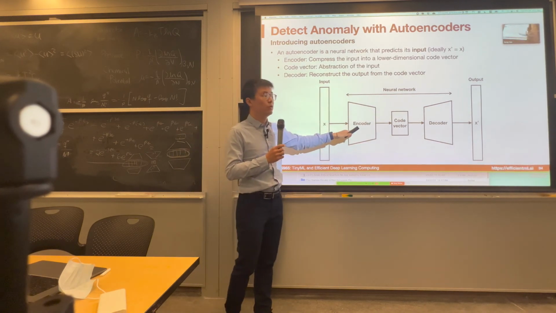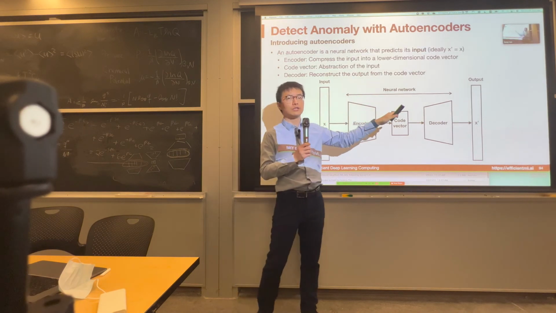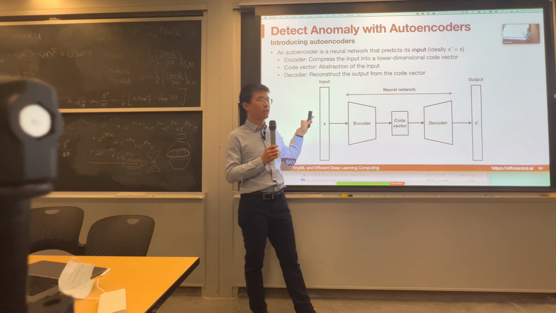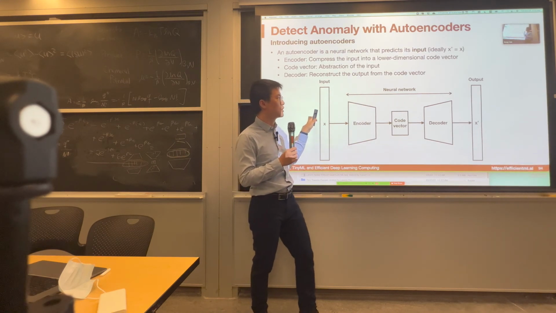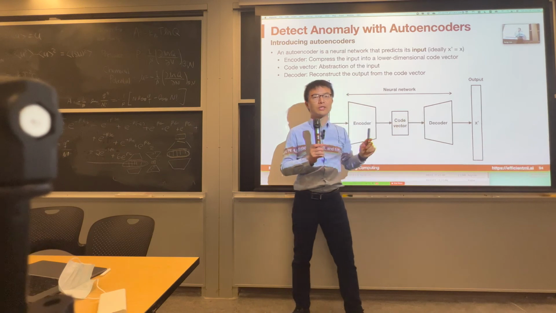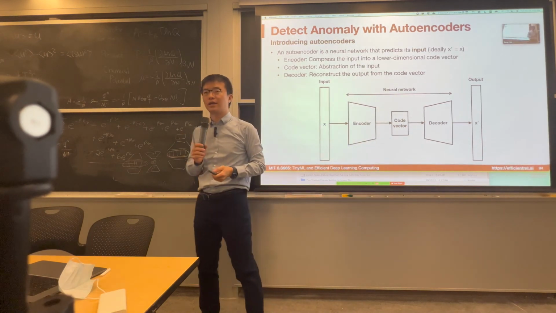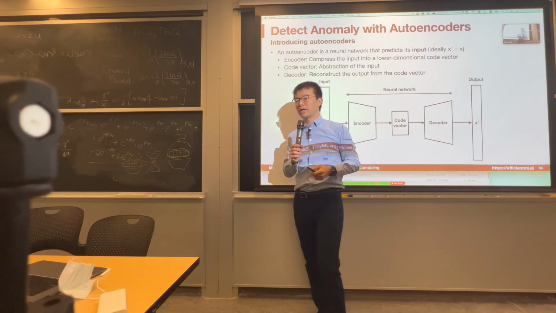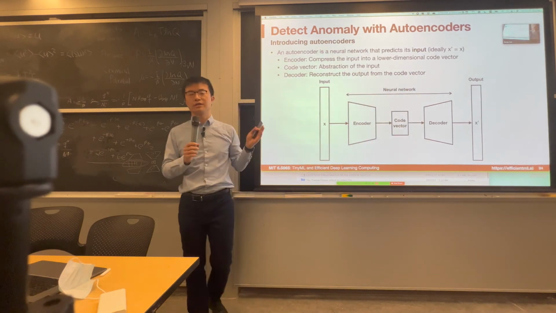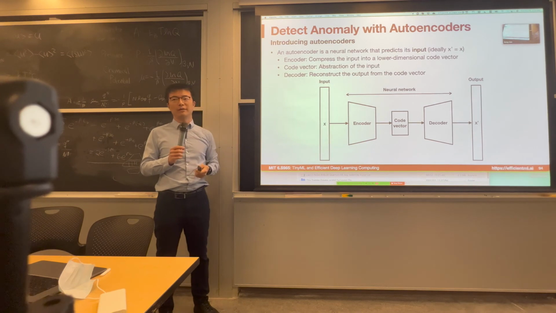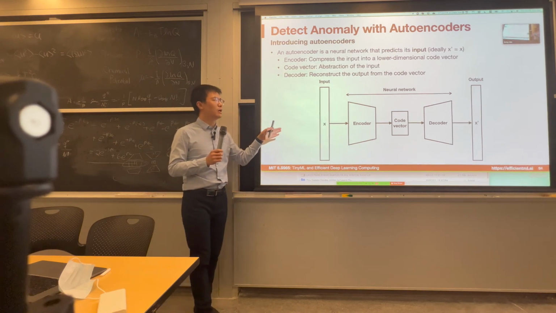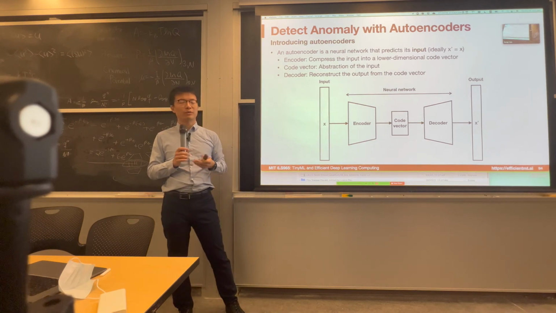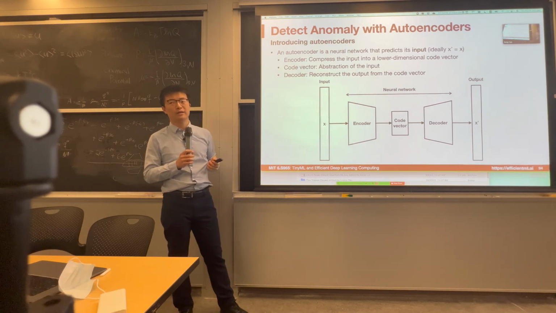So this autoencoder is able to encode the distribution if it falls within the same distribution as the normal data. But if abnormal data comes in, this autoencoder cannot reconstruct that data. So if we calculate the difference between input and output, we can figure out whether this is normal data versus abnormal data. Okay, so this is purely unsupervised. We don't have labels. We just have the normal data, and we don't have the labeled abnormal data.